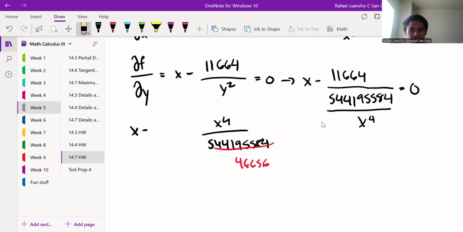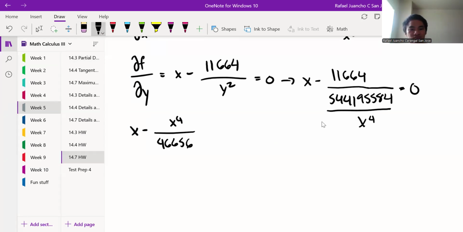So I would actually just get x minus x to the fourth over 46656, and that's good, right? And then from there, I equate it to 0, obviously, and I could solve for x. So this would give me 46656x minus x to the fourth is equal to 0, right?